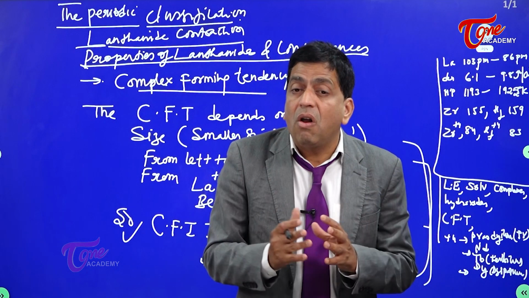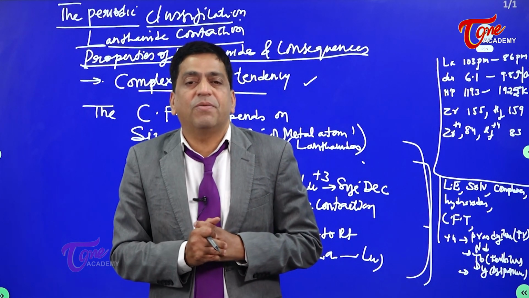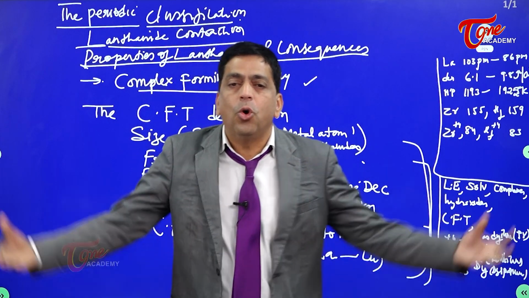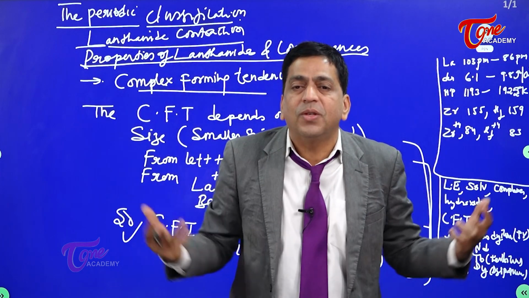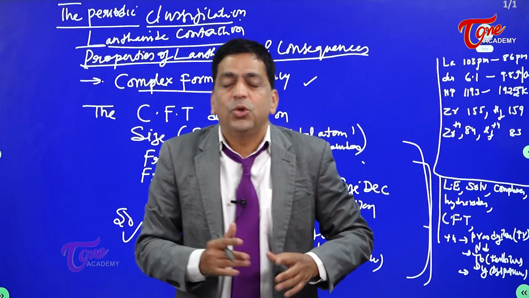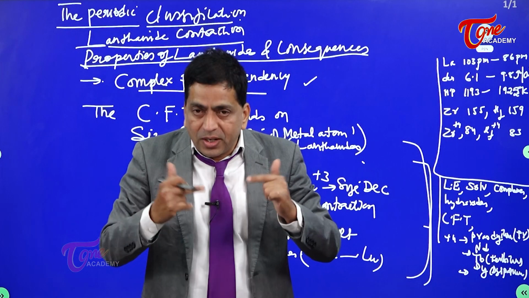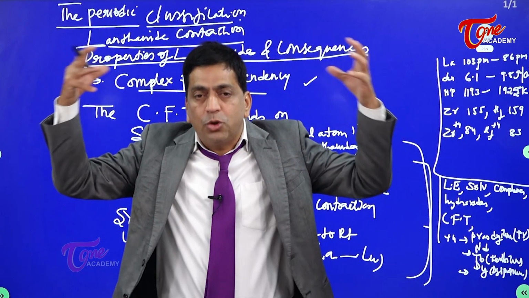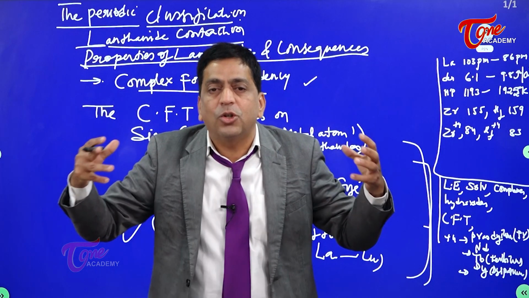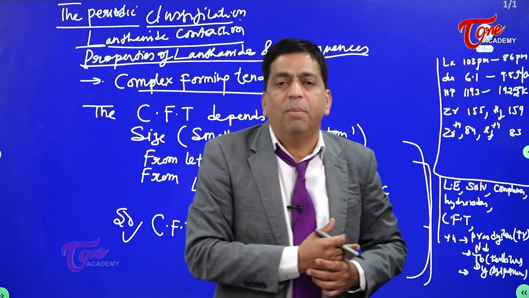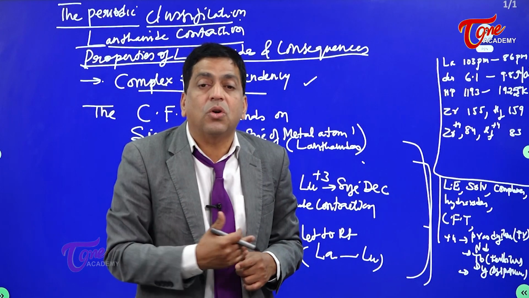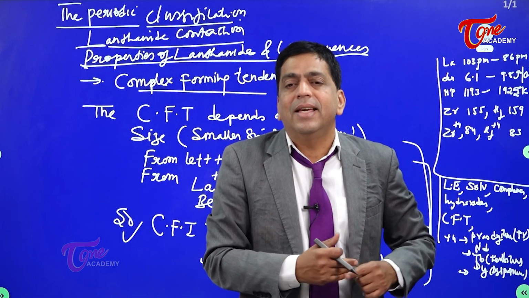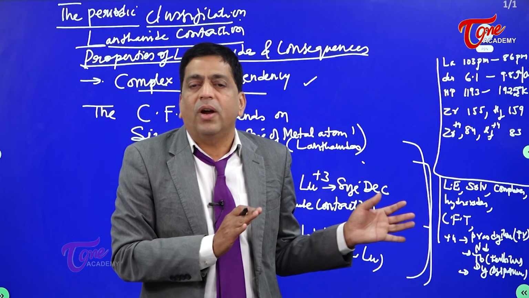When you're small, you have greater nuclear force of attraction, so you can hold on to more donors. So the smaller the ion, the greater the nuclear force of attraction, the greater the amount of donors you are able to accept, thus forming complexes, and hence the complex forming tendency increases from left to right. You must understand.